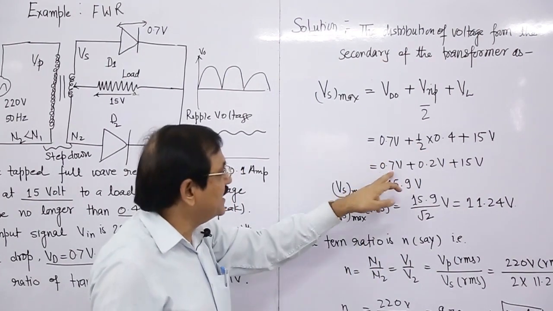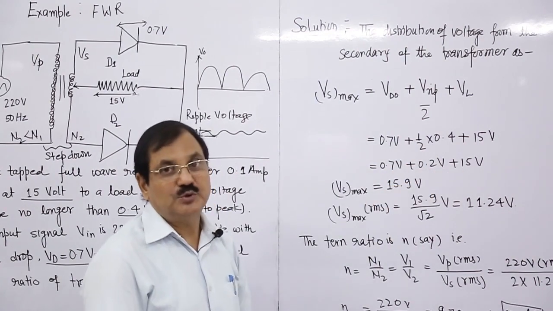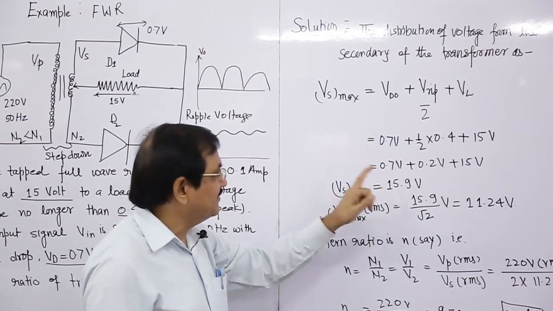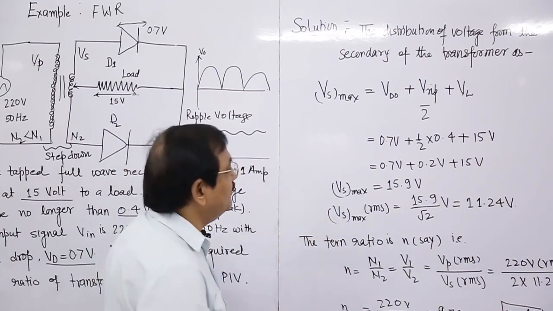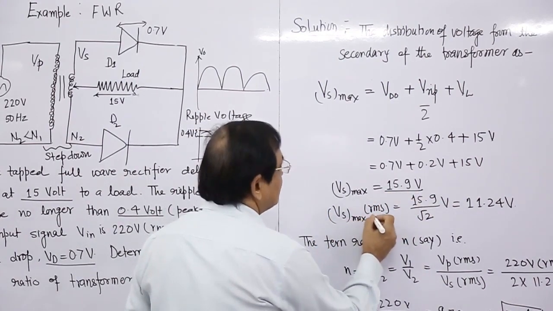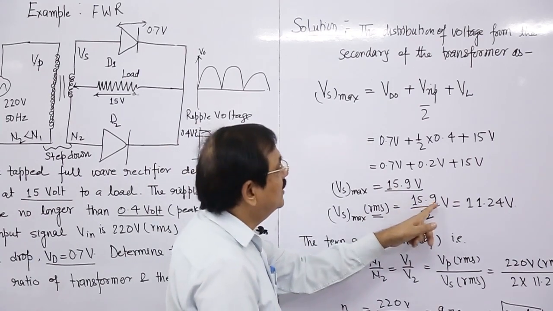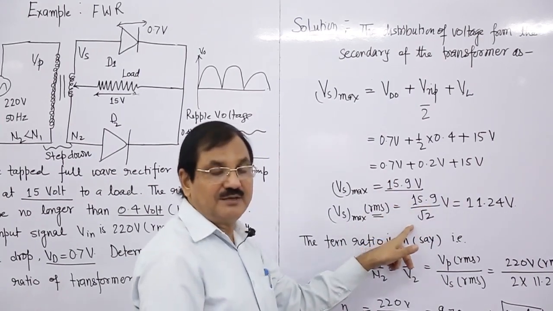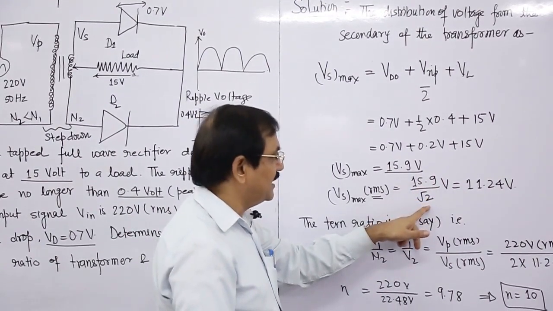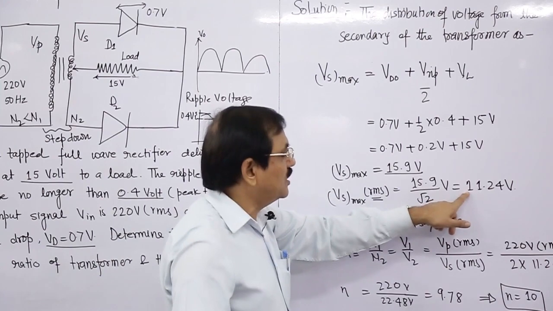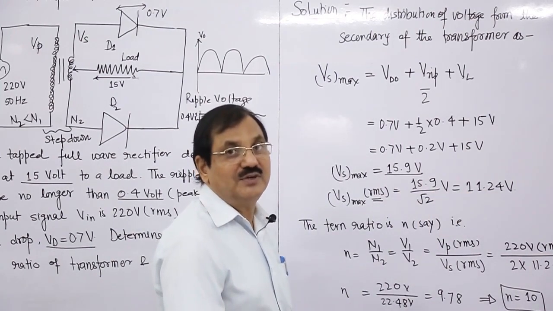So this is 0.7 volt plus 0.2 volt and then 15 volt. So Vs is 15.9 volt. This 15.9 volt is converted into an RMS value by dividing by root 2. So 15.9 divided by root 2 is 11.24 volt, the RMS voltage.